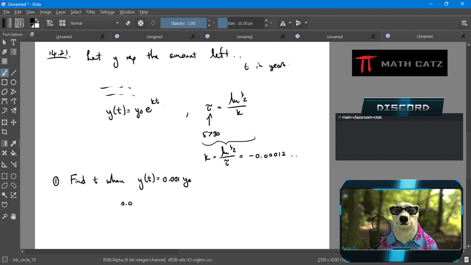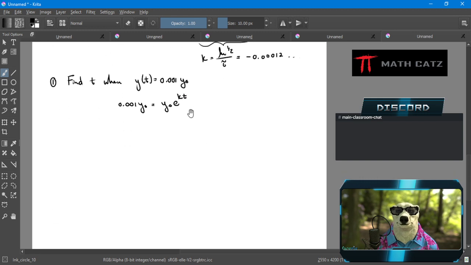So that means 0.001 of y0 is y0 e to the kt. I want t, I have k. And again, I see I don't need the initial amount. e to the kt is 0.001.